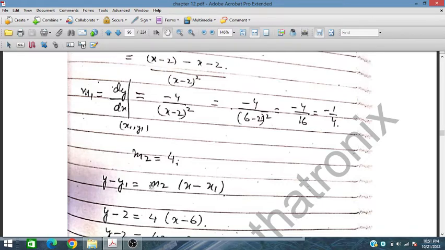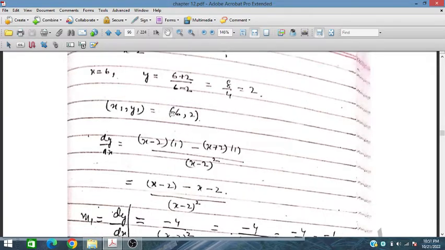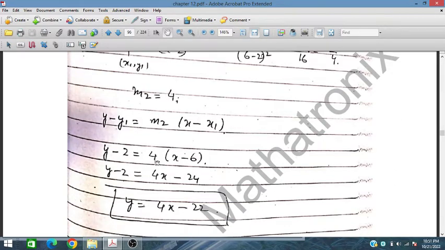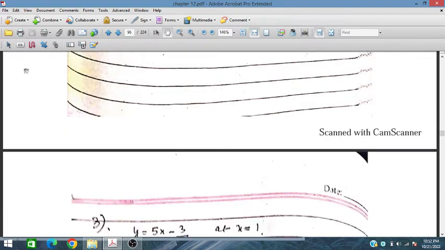Placing this to get the equation of normal, x1, y1 is already known, so we place this value here. So this is y minus 2 is equal to 4x plus 1, so y is equal to 4x minus 22. So this is the required equation.